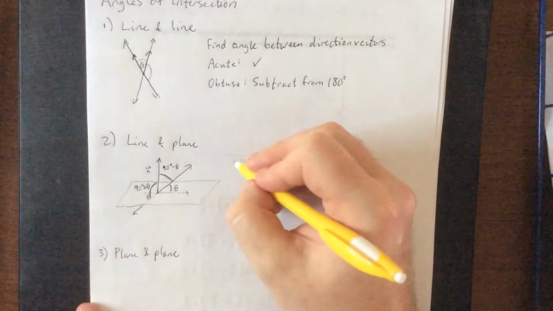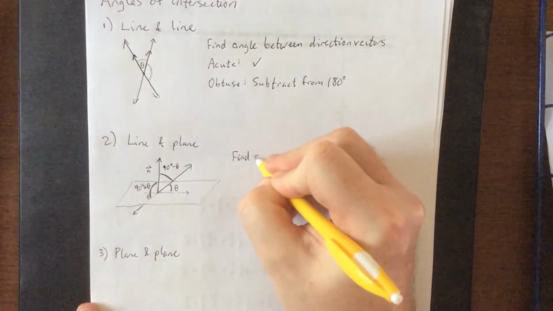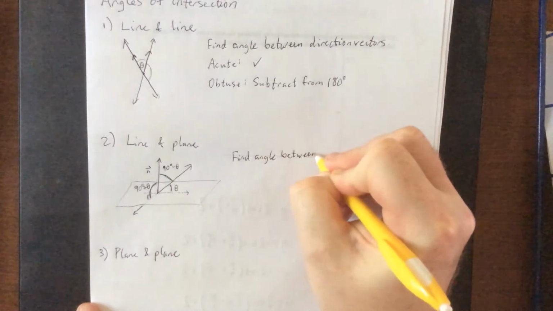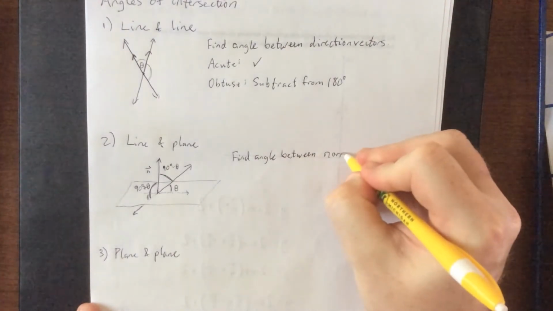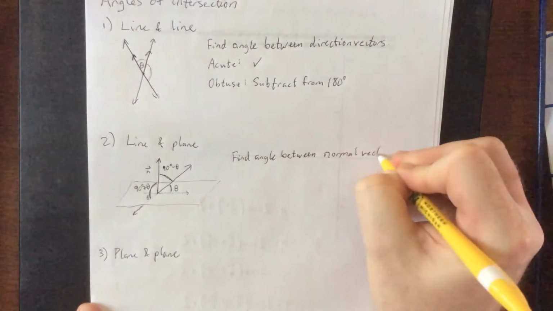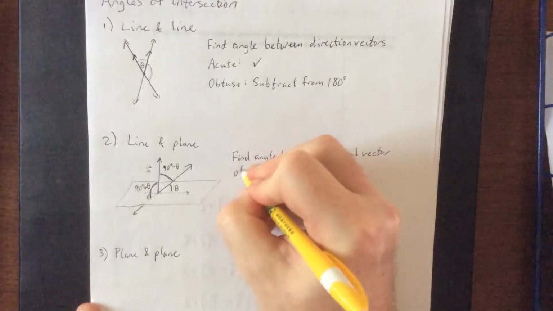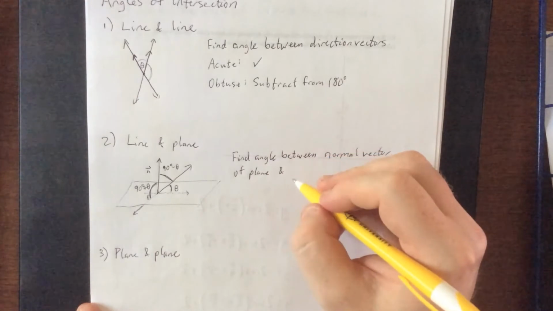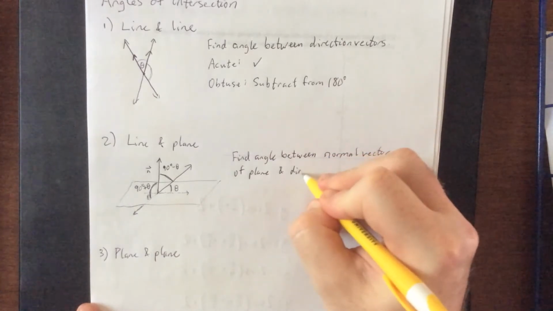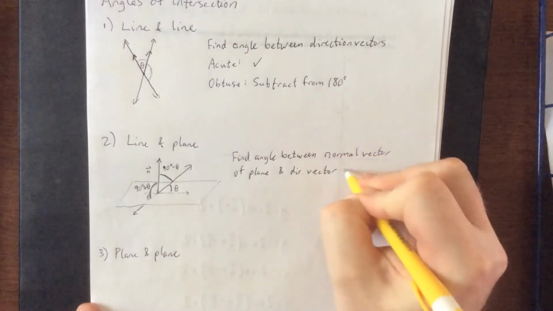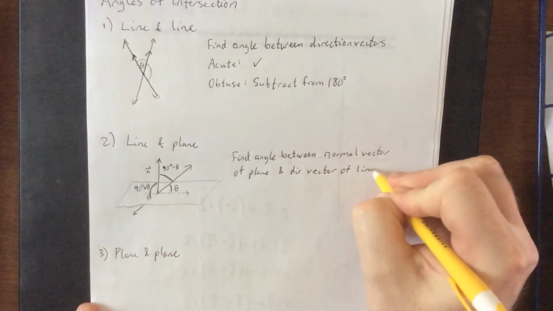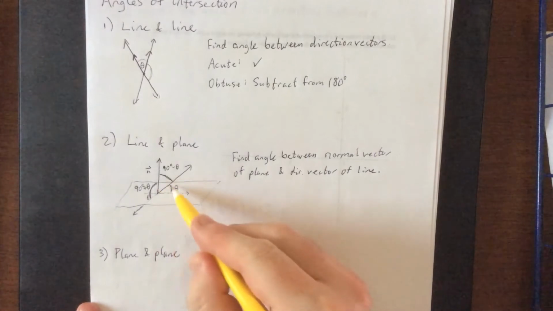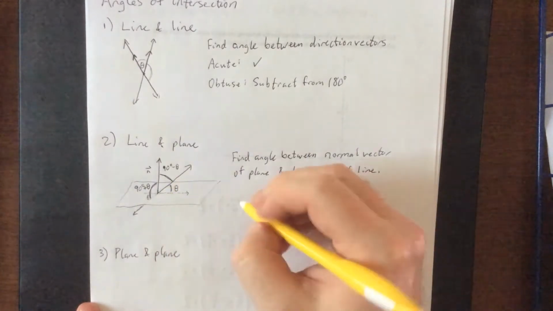So with that in mind, we find the angle between the normal vector of the plane and the direction vector of the line. The result will either be acute or it'll be obtuse.